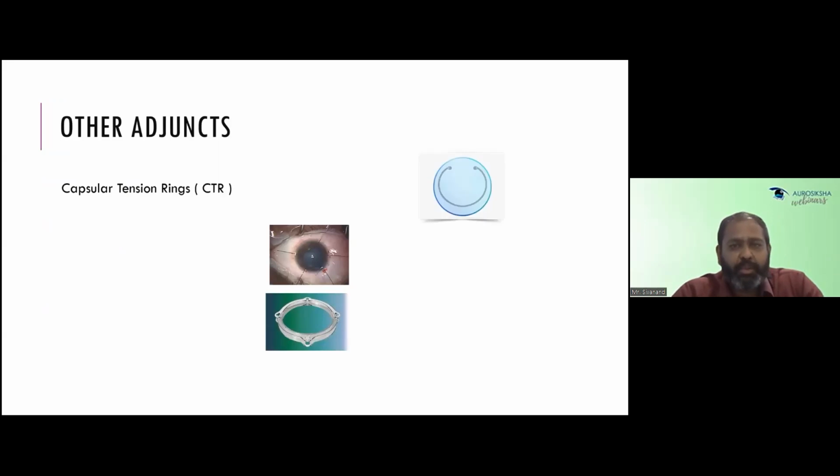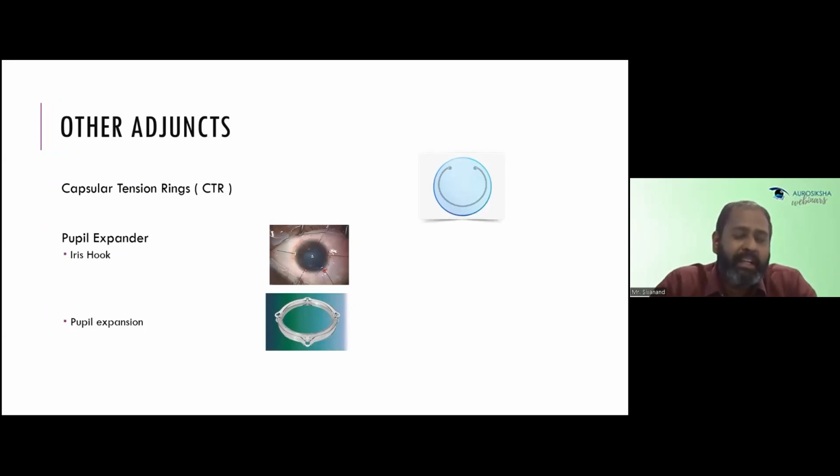So I'll quickly take you through the other surgical adjuncts. One is the capsular tension ring. Many times when the surgeon wants to place the intraocular lens inside the capsular bag, the bag is weak. The zonules, which hold the bag in its place, sometimes become weak and don't have sufficient strength for the bag to hold the lens.